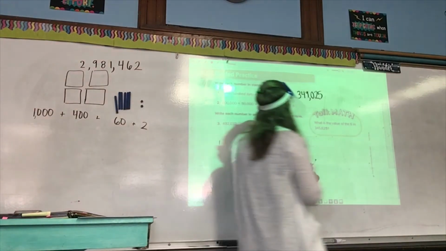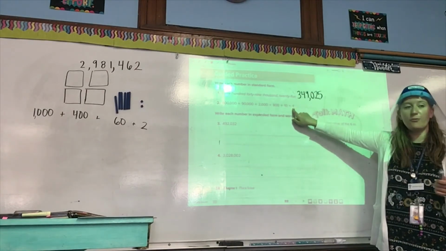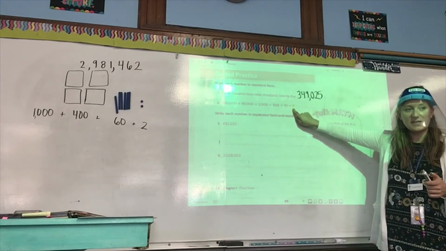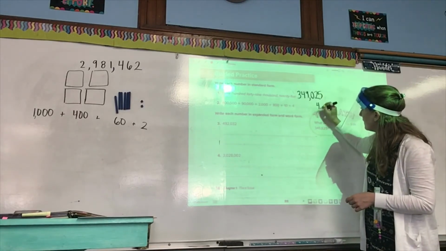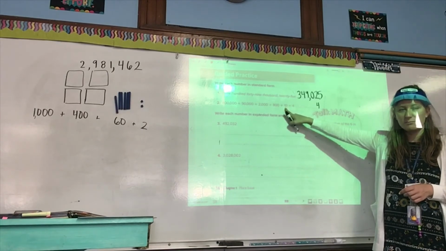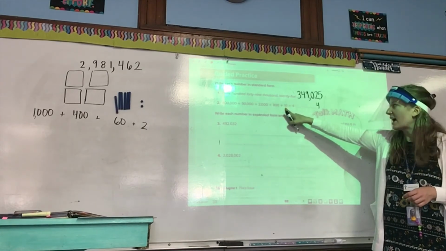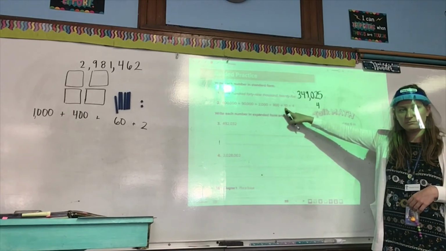Let's start on the right because we know 4 by itself is in what place? Ones. Then we have 10. What place is that? Tens. What digit has to be in the tens place to be worth 10? A 0?